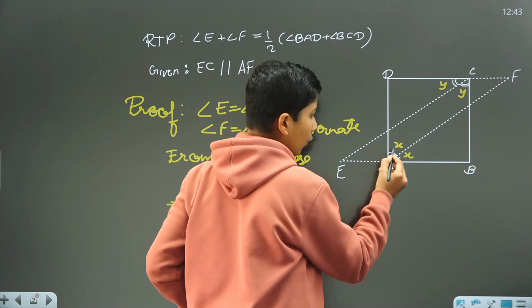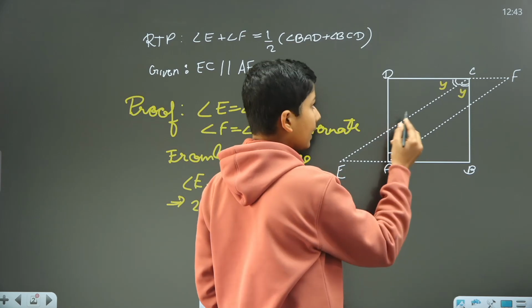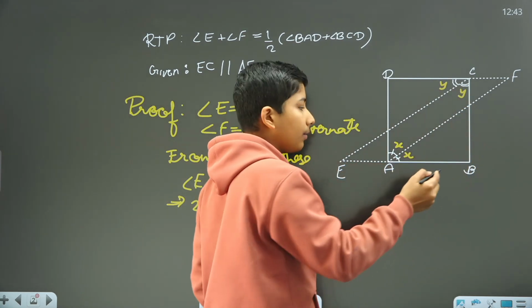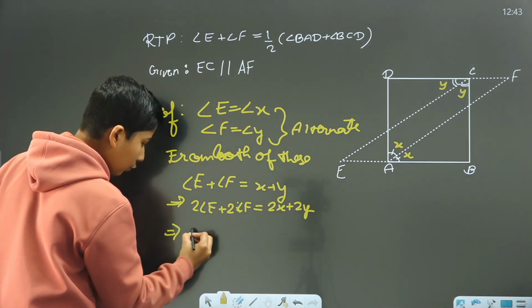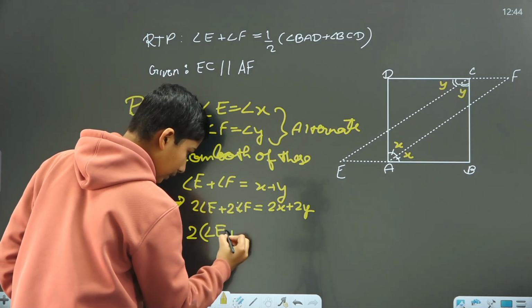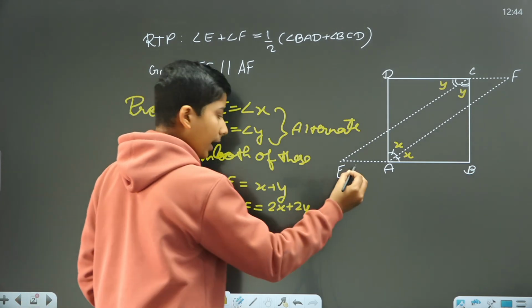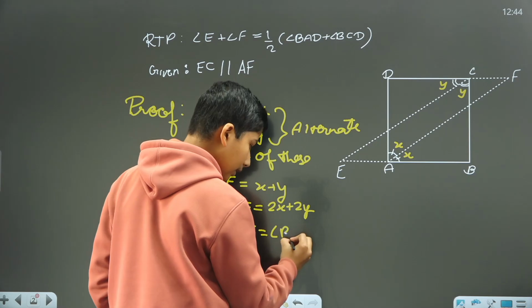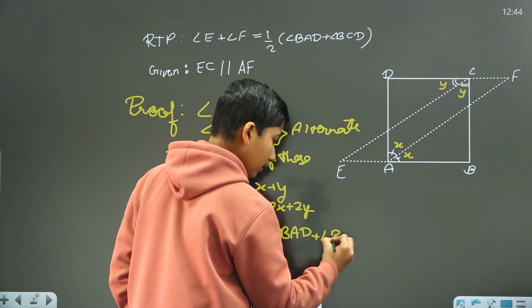Okay, so now we know 2x equals this angle, meaning BAD, and 2y is this angle, meaning BCD. So we will write 2 here, we will take common, angle E plus angle F equal to angle BAD plus angle BCD.